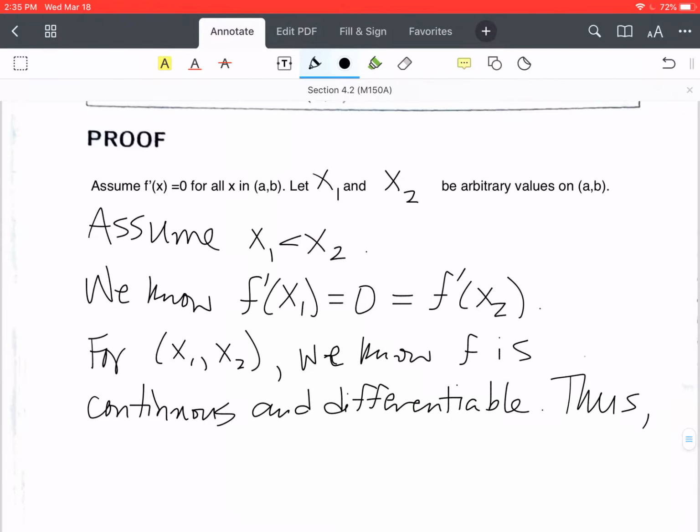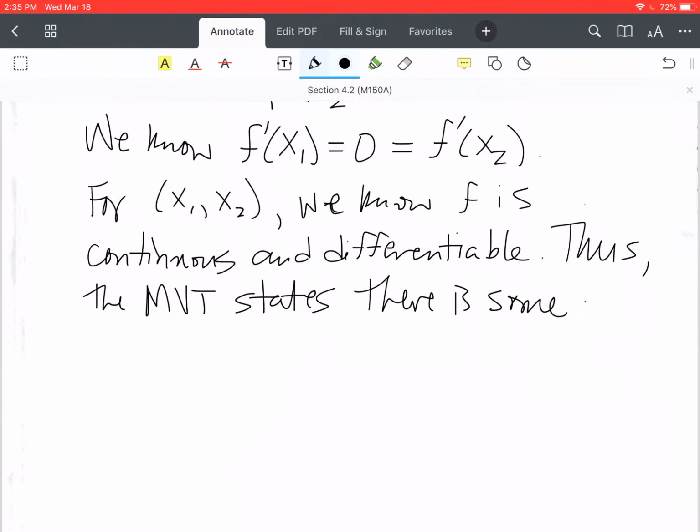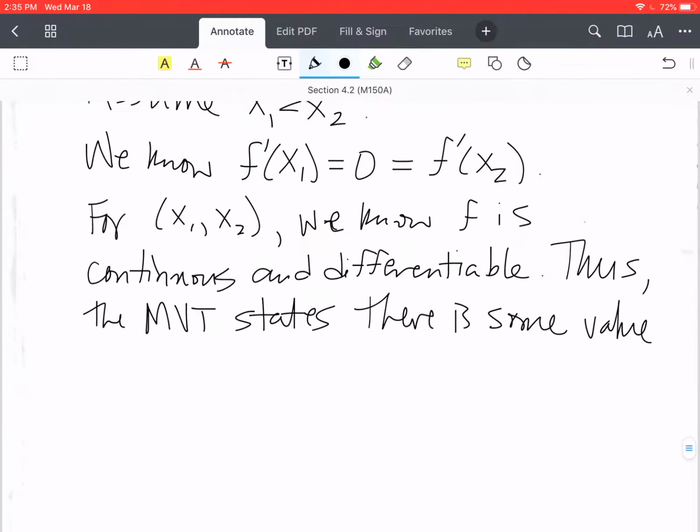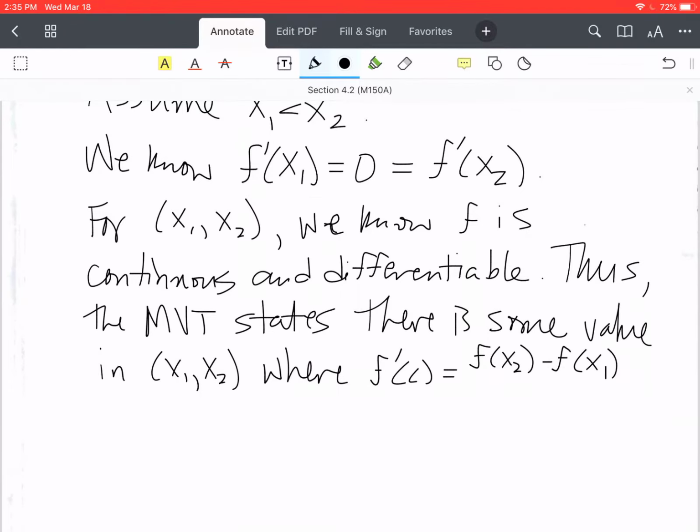Thus, since it meets those two conditions, the mean value theorem states there is some value c in the interval from x1 to x2 where f prime of c equals f of x2 minus f of x1 over x2 minus x1.